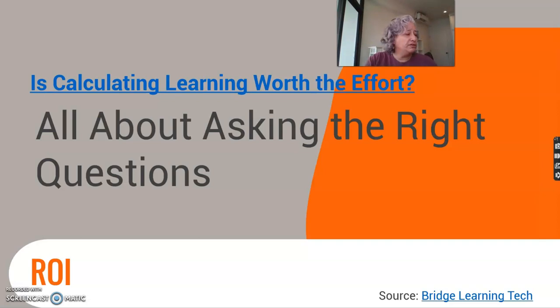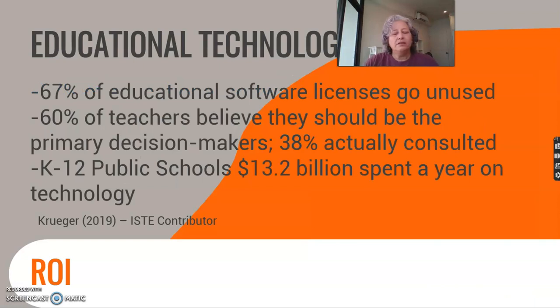Know where you start. So looking at the wheel of EdTech, I'm an EdTech integrationist, so this is where I'm inspired more. Kruger mentioned some stats which are really interesting to me. 67% of educational software licenses go unused. In the same survey, they found 60% of teachers believe they should be the primary decision makers. However, 38% are not consulted.